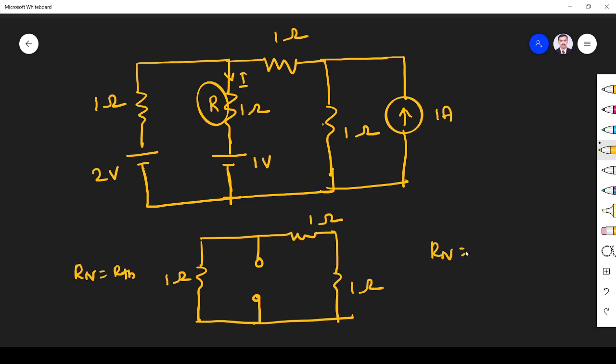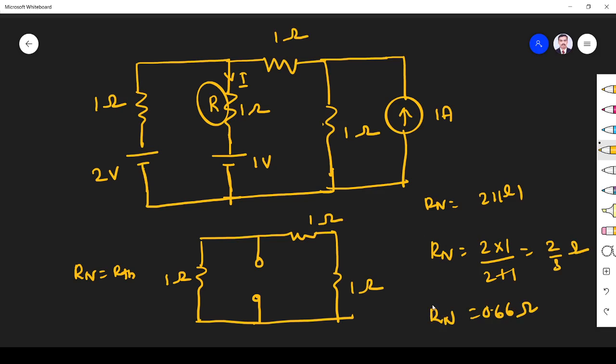You see these two are in series, in parallel with 1. So 1 plus 1 is 2, parallel with 1, so 2 into 1 by 2 plus 1. So that is 2 parallel 1 ohm, R Norton, so it is 2 by 3 ohm, that is equal to 0.66 ohm. So R Norton is equal to 0.66 ohm.